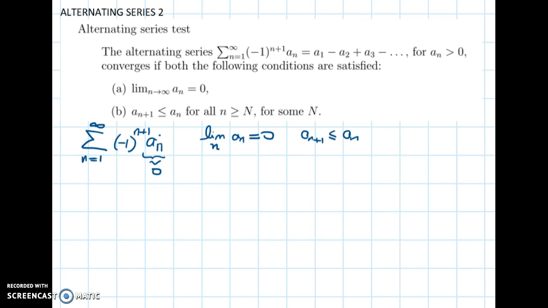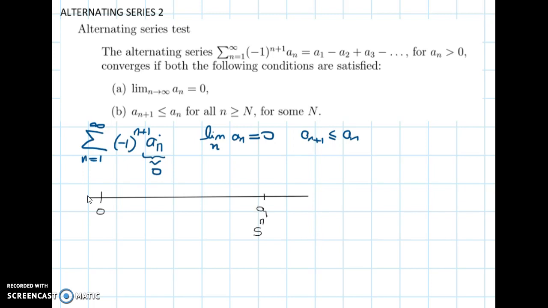We are going to look at a picture showing the terms of the series and the sequence of partial sums. This is our picture. Let's say we have over here the value 0, and then we have our first term a_1 here.